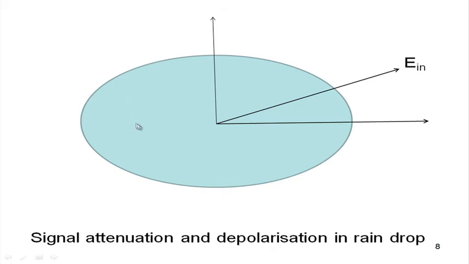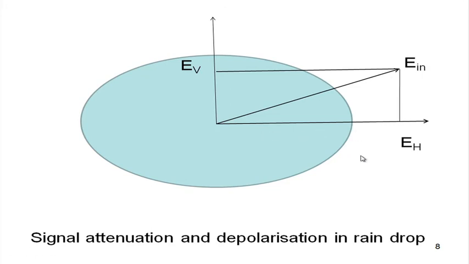The raindrop shape is different. On the major axis side there is more water and less water on the minor axis side. So if I resolve this E in vector into two components, a horizontal component E h and a vertical component E v, the horizontal component is more than the vertical component in this case, at this particular angle of entry.